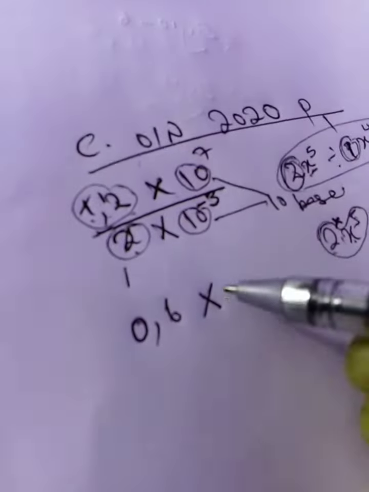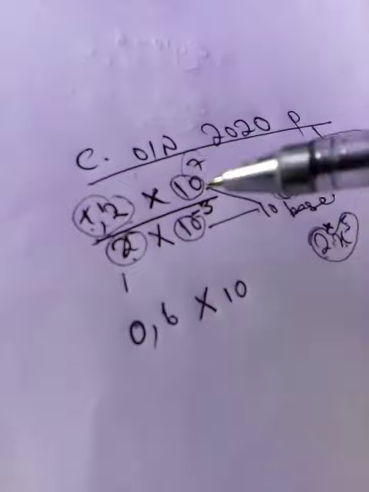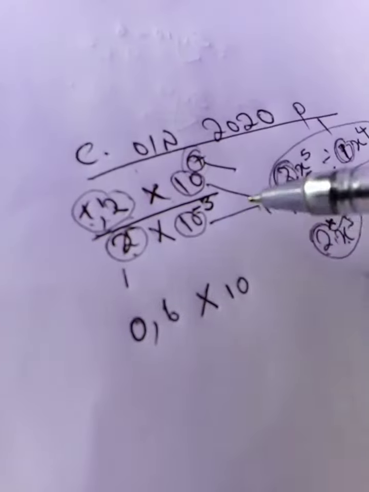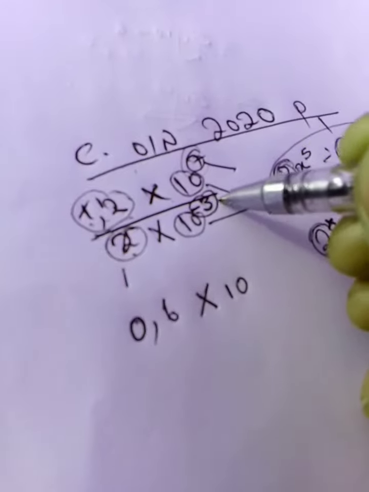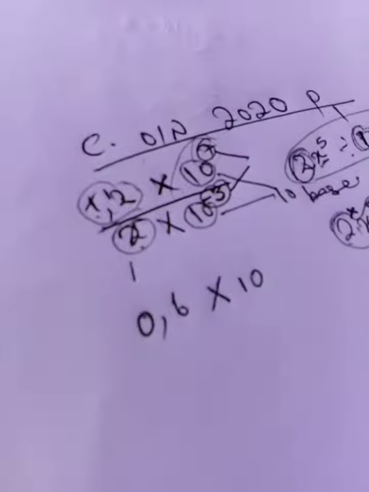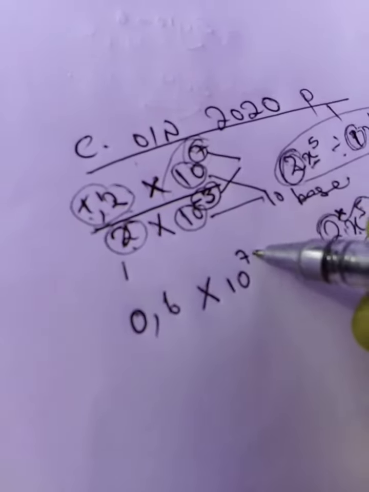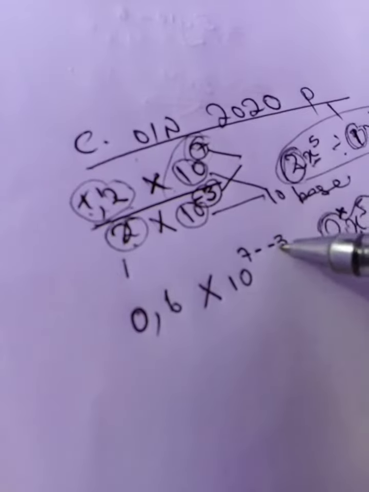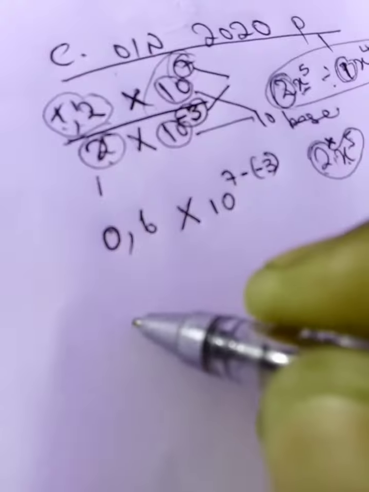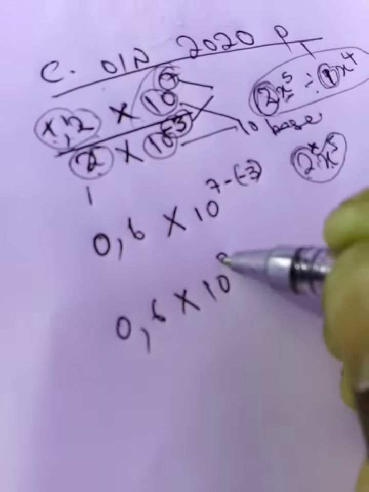We are going to maintain the base, then subtract the powers. We have 7 as our first power, then our second power is negative 3. So we are going to subtract these powers: 7 minus negative 3. 0.6 times 10 to the power 7.